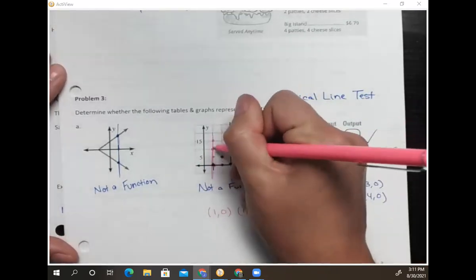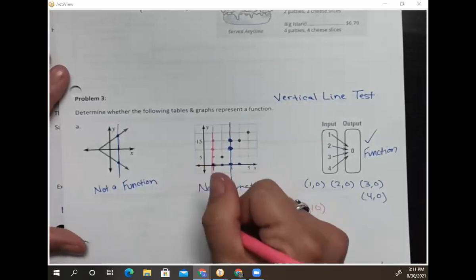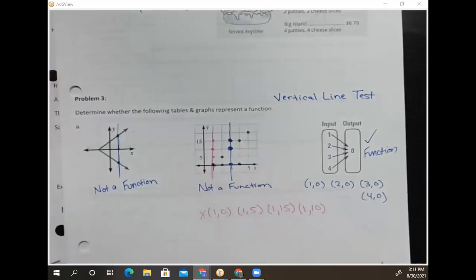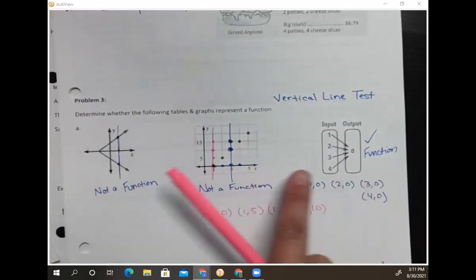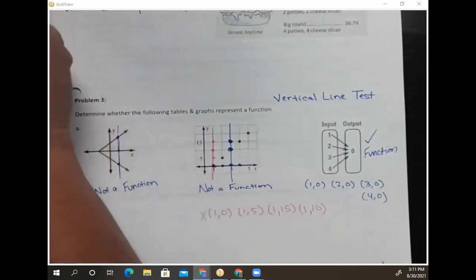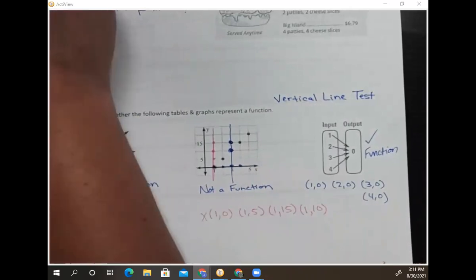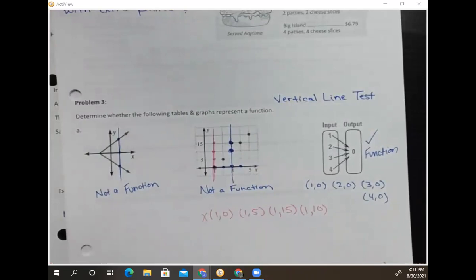I have a vertical line that hits every single one of those. So this would not be a function. So that's what we see when we've got either a function mapping, a scatter plot, or a graph. Okay, we're looking at that vertical line test as a sort of quick and easy way to be able to determine, do we have a function or not?